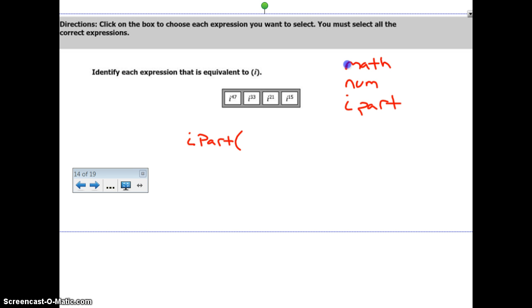And there's going to be parentheses open, and then you're just going to type in I and make sure you raise it to the 47th, and we're going to see what we get. And you'll do the same thing with I to the 33rd.